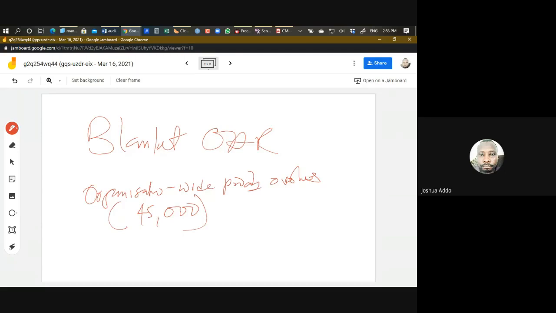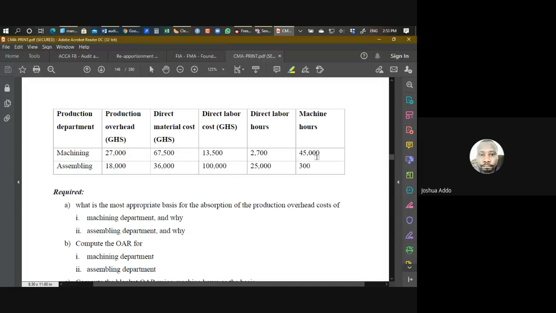If we use machine hours, then the organization-wide total machine hours will be equal to the 45,000 in the machining department and the 300 in the assembly department.